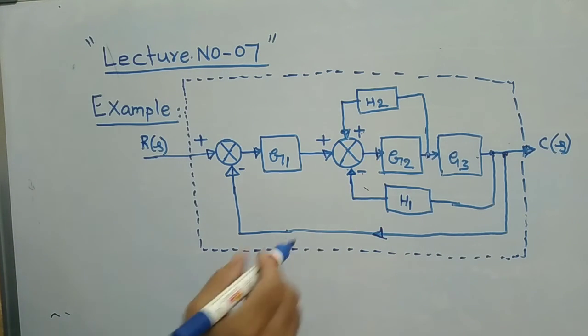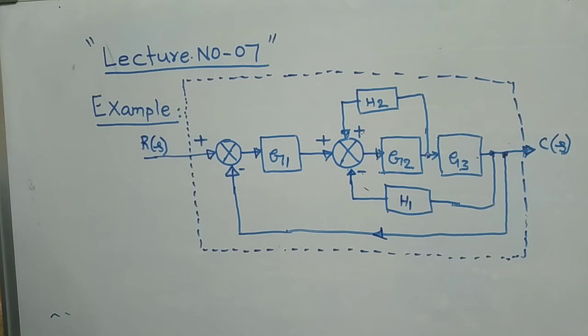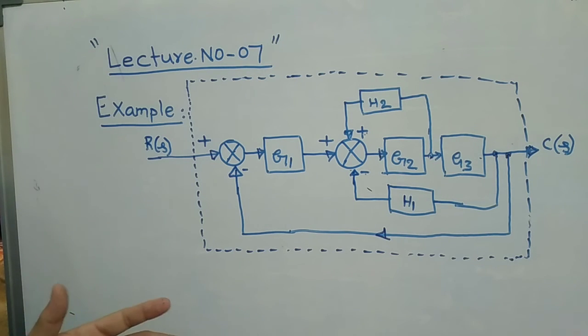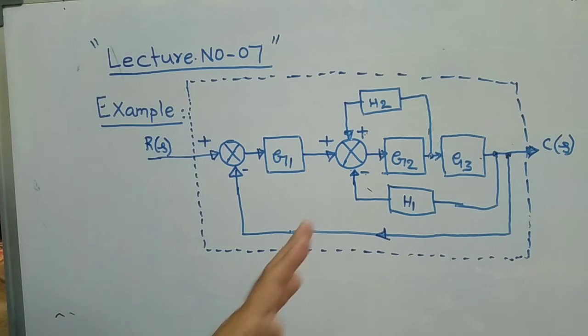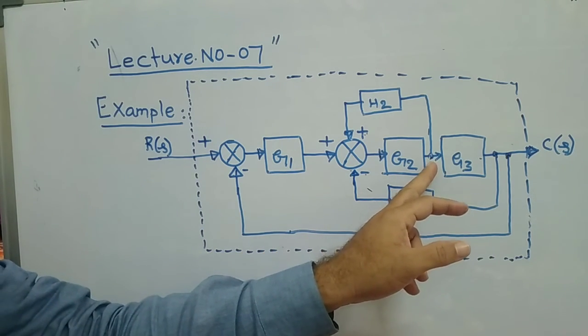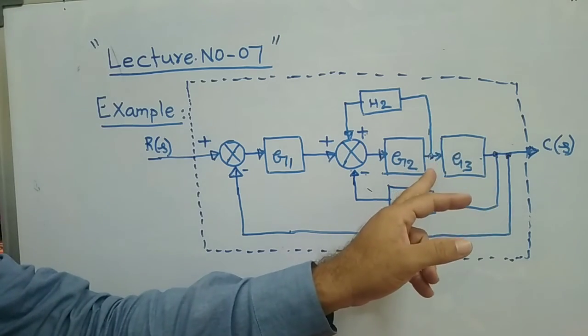Then the summer can be split into two or three. That is also one of the rules, which I have not covered in the second session. There I only focused on the different combinations of the takeoff point as well as the summing point: shifting of the summing point either after the block or before the block, and similarly shifting of the takeoff point after the block or before the block.